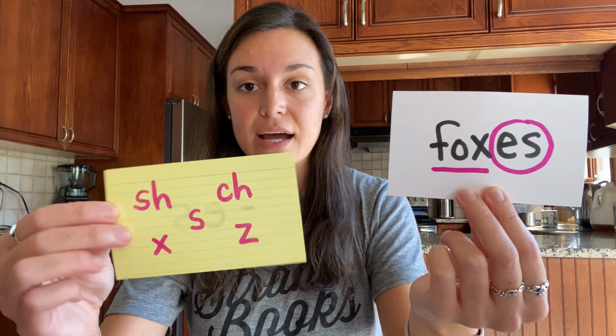Let's look at another one. This word is foxes. So first, let's find the base word. The base word is fox. That means if we pretend that the suffix isn't there, fox ends in the letter X. X is one of those letters that needs to use the suffix ES.